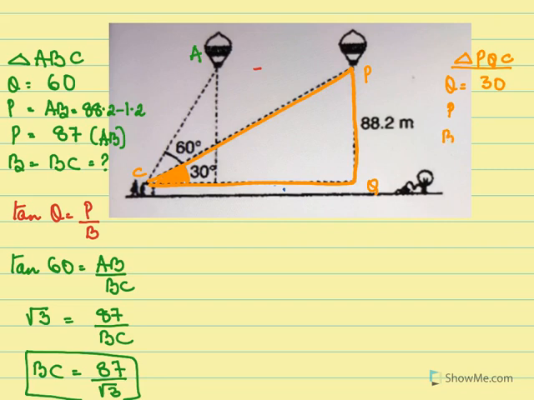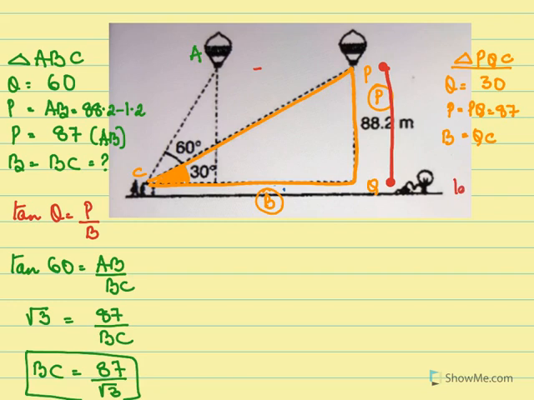We must know what is the perpendicular and what is the base. Here the perpendicular is PQ and the base is QC. Now again the perpendicular is not 88.2 because 88.2 is this entire height. From 88.2 I need to subtract 1.2. This is my perpendicular from here to here, and this is 87. So PQ is 87, not 88.2.